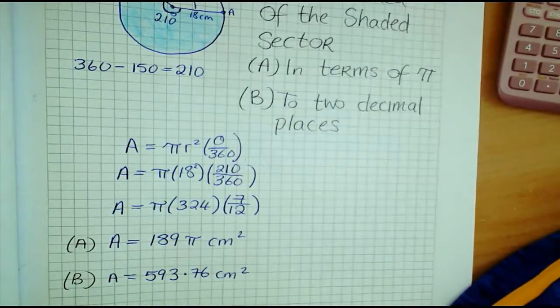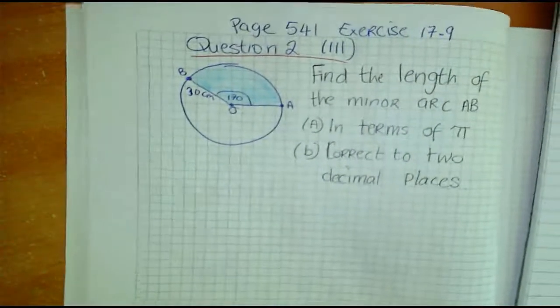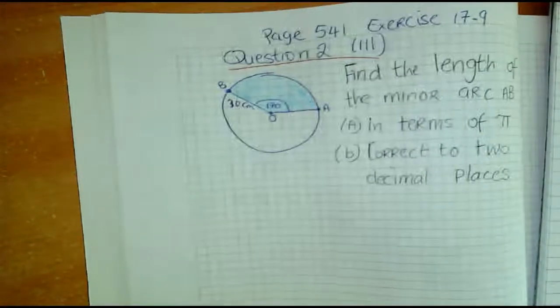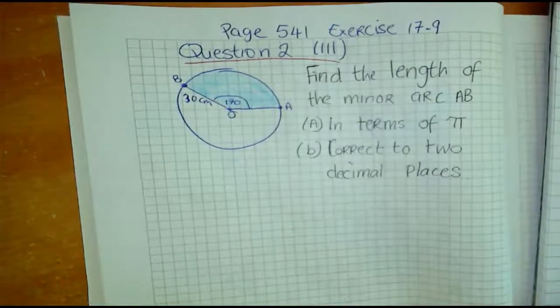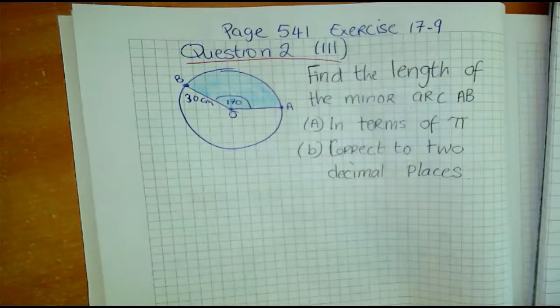So I'm going to go on now and I'm going to do question 2, part 3. Okay, so this question asks us to find the length of the minor arc AB, shaded there first.